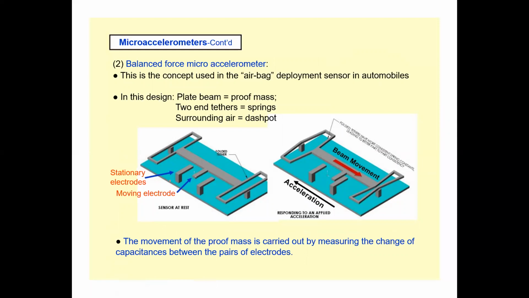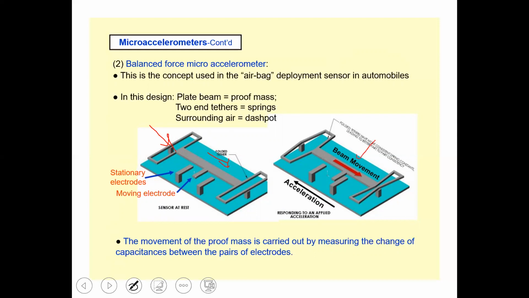This is again an electrode-based or comb-drive-based micro accelerometer. These are the stationary comb drives, these are the moving comb drives, and this is suspended over the substrate, right? When the acceleration comes from this direction, it will move this beam in this direction.